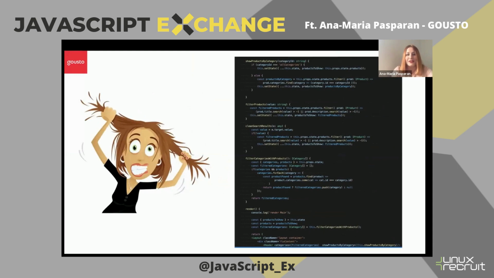And that's just me when I see code that I wrote a few years ago. So what is this code about? It's just a short application that will show some products and group them based on the categories.